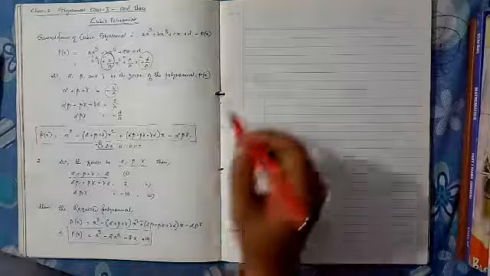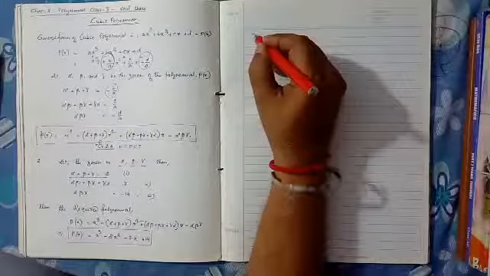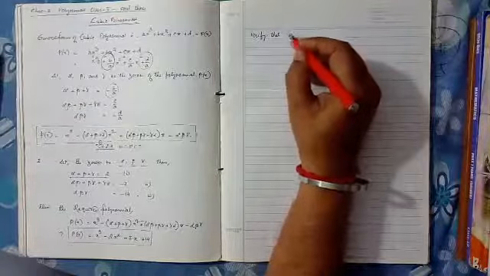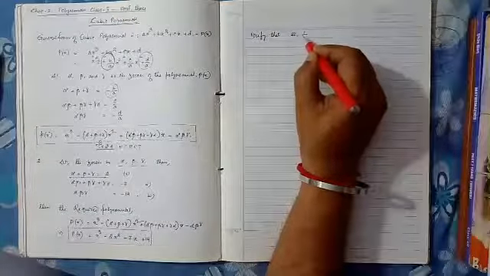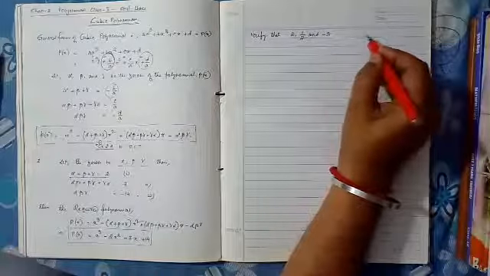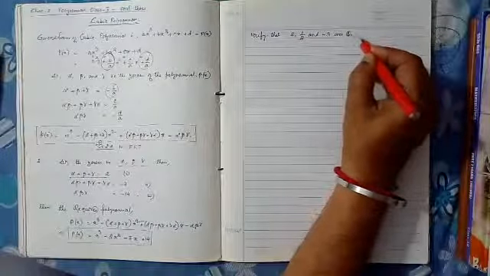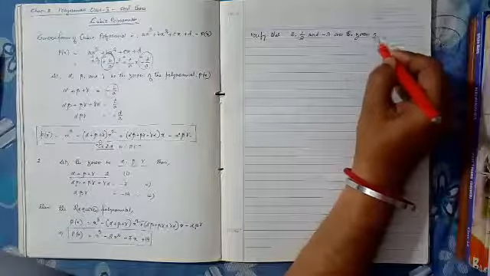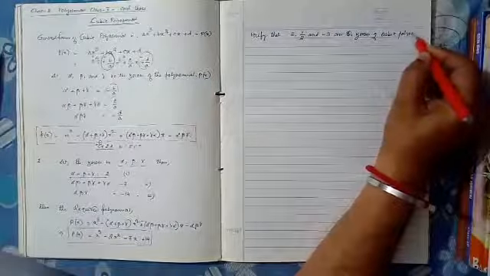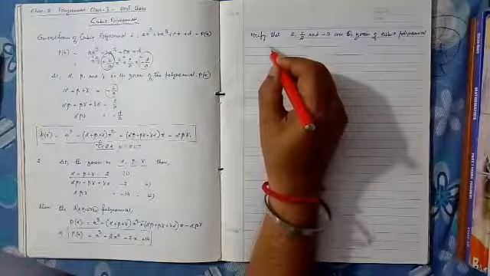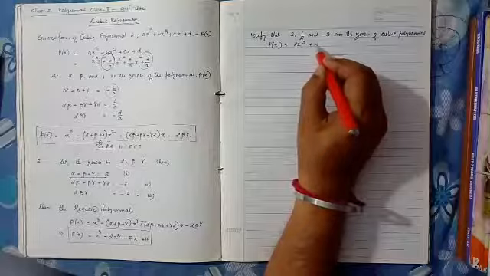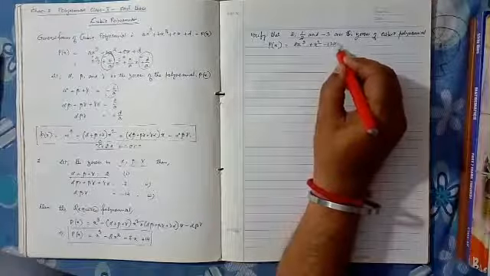Next, suppose we are given: verify that 2, 1 by 2 and minus 3 are the zeros of the cubic polynomial p of x is equal to 2x cube plus x square minus 13x plus 6.